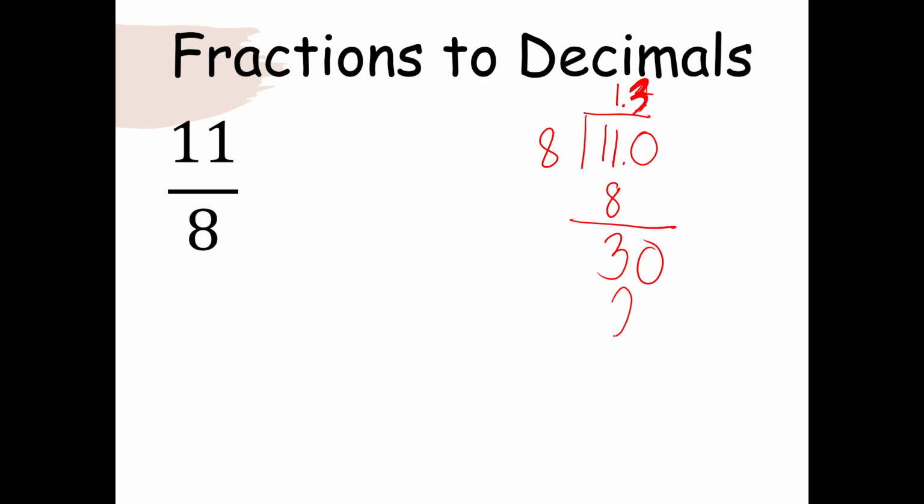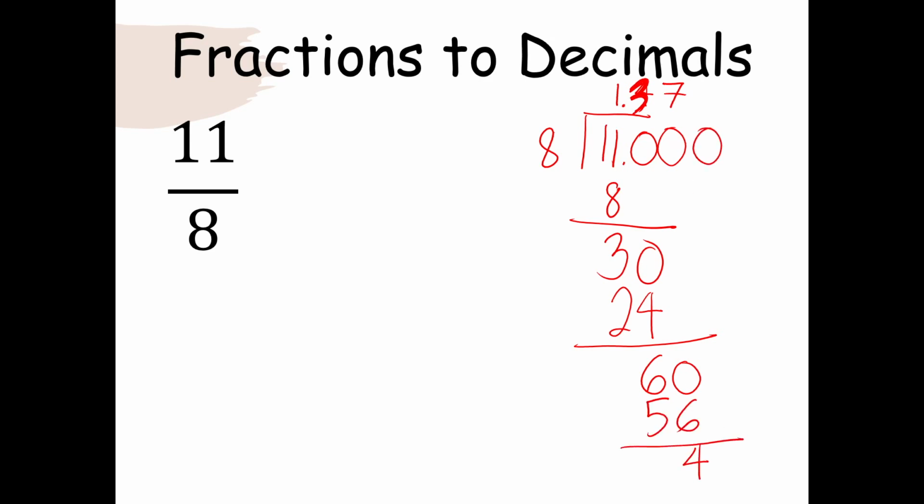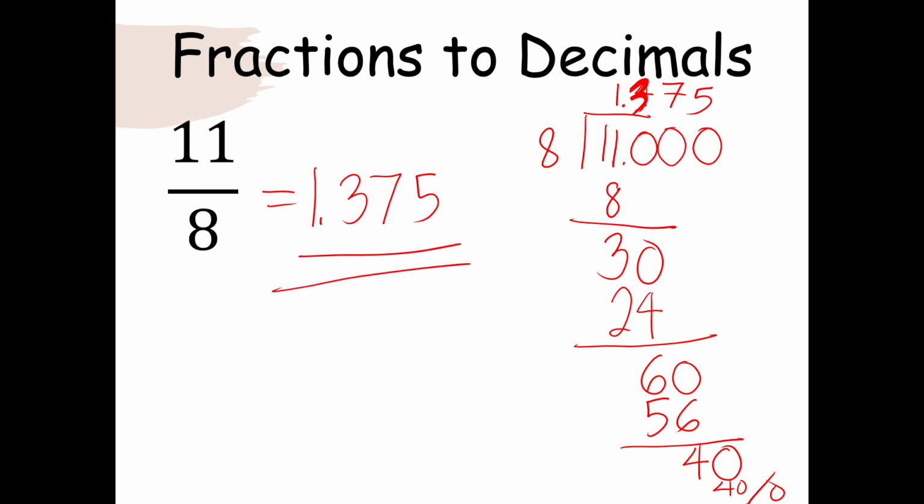I'll have 24. Then I have 6. Add another 0. What is 60 divided by 8? 7. 56. Then subtract, 40. Another 0. 40 divided by 8 is 5. So what is our answer? 1.375. That is the decimal form.